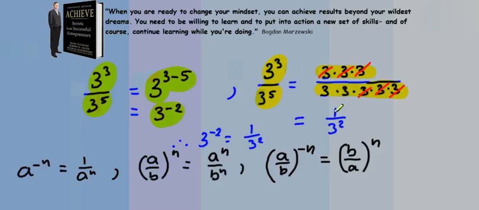Reduce that expression and you have 1 over 3 squared. So this implies that 3 to negative 2 must be equivalent to 1 over 3 to the power of 2. So the general statement, the negative exponent rule, says find the reciprocal of the given base and convert the negative exponent to a positive value.